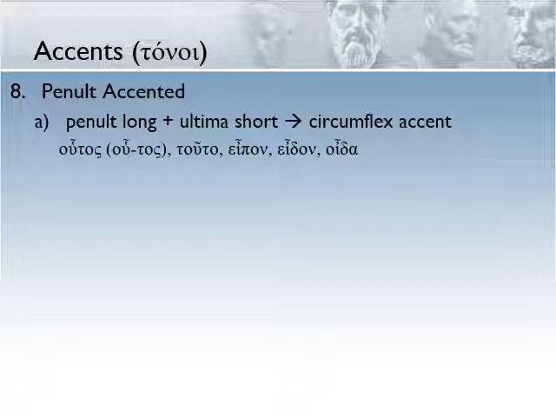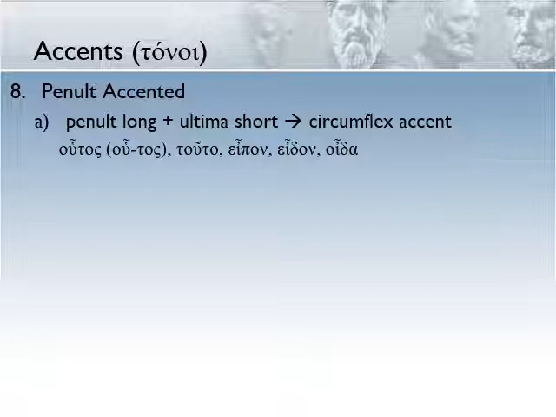Since the last syllable is short, has omicron, the circumflex accent can stand on that long penult. Same with the third word, ipon. The ultima is short because it has omicron. The penult is long since it consists of a digraph, epsilon iota, and so we find the circumflex accent.